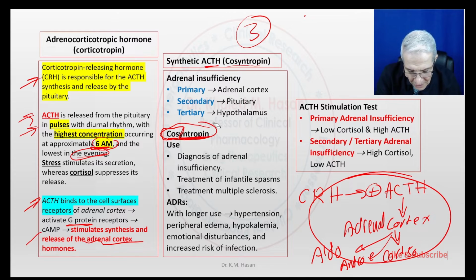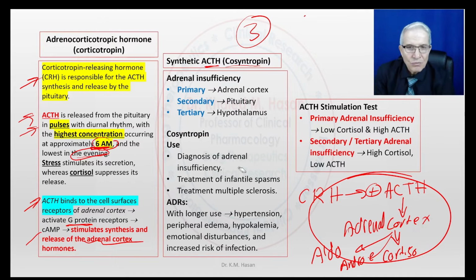Before we go a little bit in depth, we need to differentiate between 3 types of adrenal insufficiency. For adrenal insufficiency, we have 3 types: 1, 2, and 3. The adrenal insufficiency could be primary. The lesion, the disease, will be limited to the adrenal cortex.